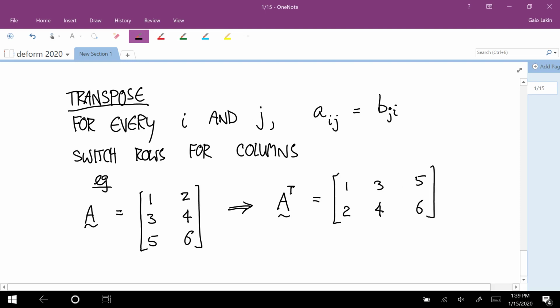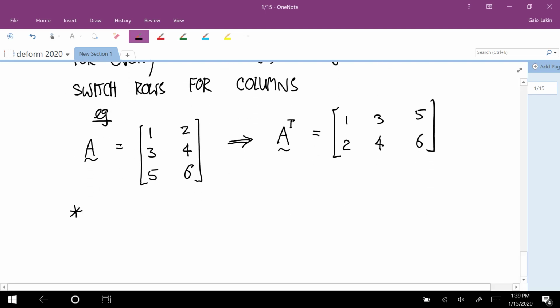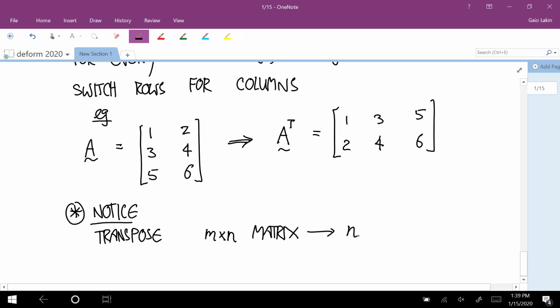Notice you're always switching the dimensions too. You're changing the shape of the matrix. Transpose takes an m by n matrix and changes it to an n by m matrix.